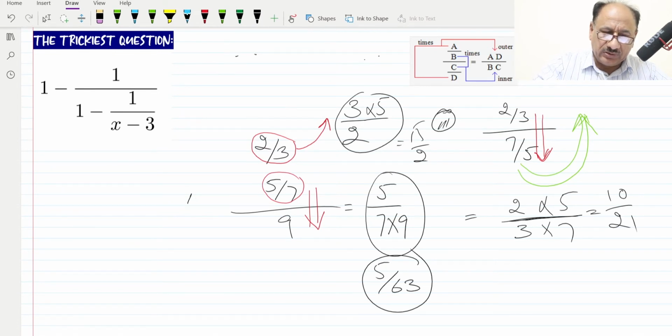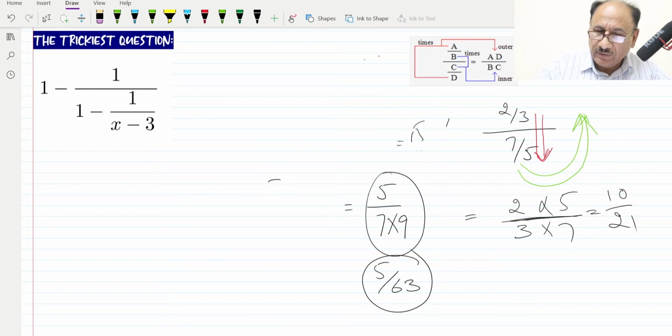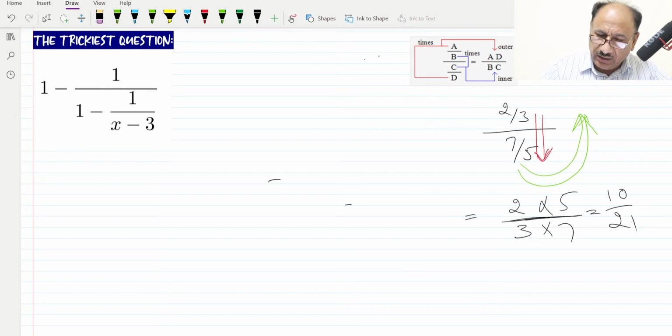Before going through the question, there is a small rule which we have explained over here in the box, and this is the third rule, basically the scenario we discussed over here summarized in this box also. A over B, over C over D. A over B is the numerator fraction, C over D is the denominator fraction.